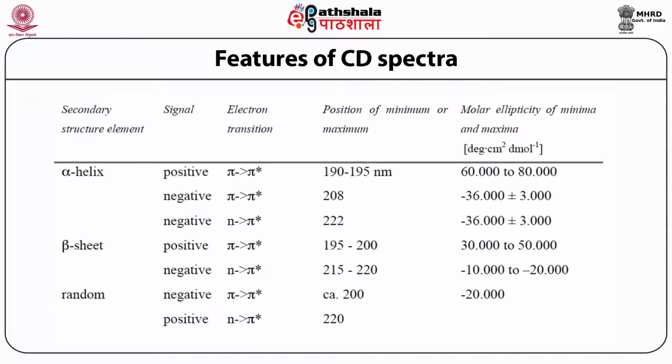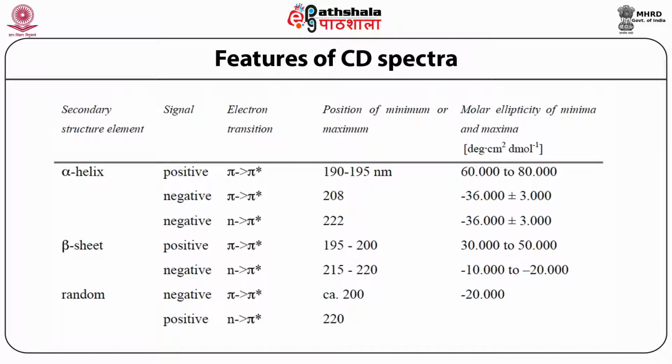We now discuss the features of CD spectra. For the alpha helix secondary structure element, the signal is positive for the pi to pi transition, with its position between 190 and 195 nanometer. The molar ellipticity minima and maxima range from 60,000 to 80,000.